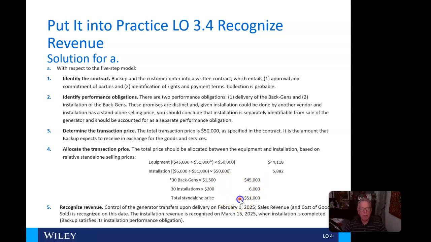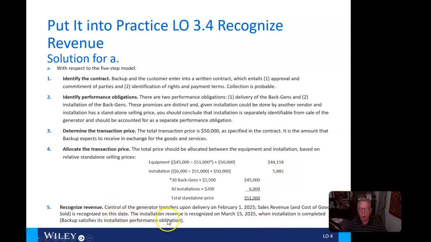That gives me 51,000 at a standalone price, but I'm doing the deal for $50,000. Okay, so I can say 44,118 is equipment, and another 5,882 is the installation.